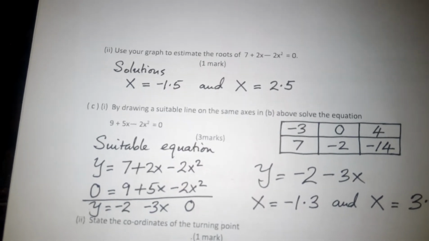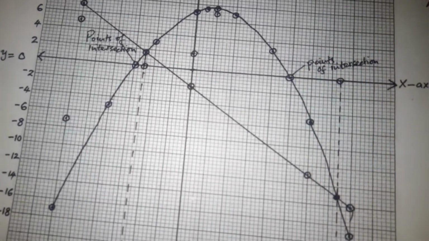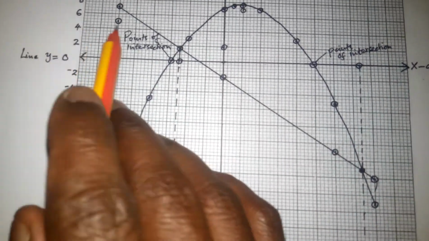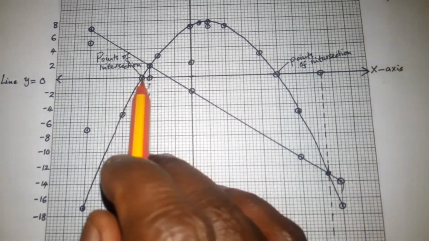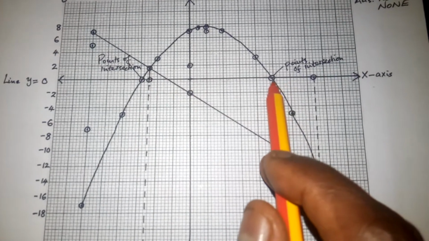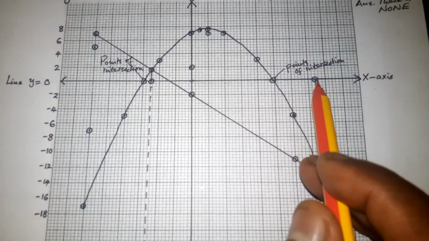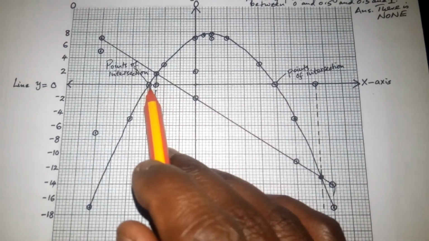The roots, if we go back to the graph, is where the curve intersects with the equation y is equals to 0, and that is the x-axis. So this is the point of intersection for that curve.